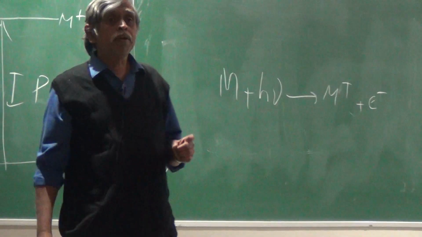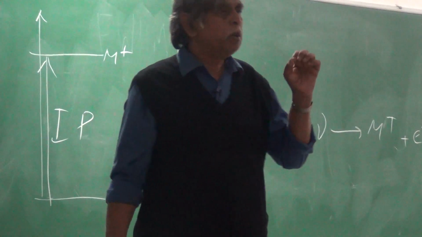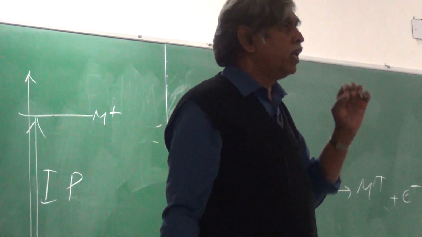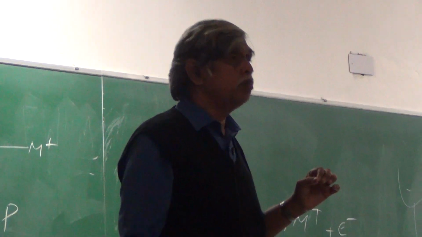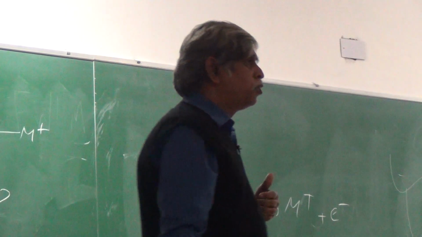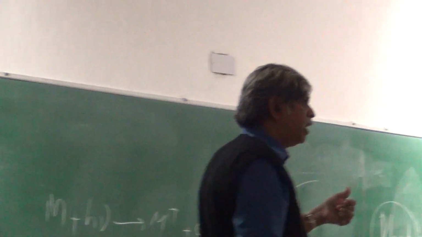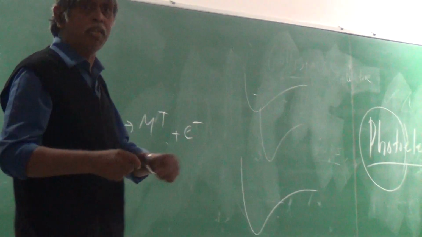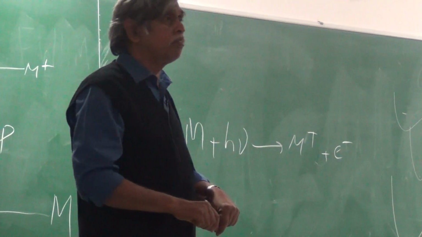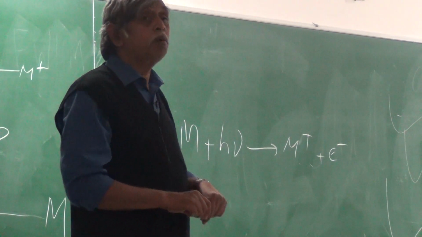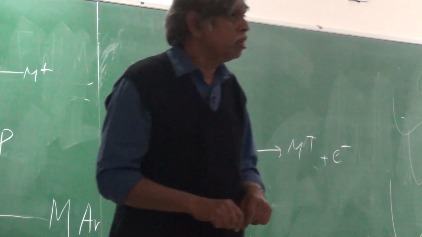So the outermost orbital in argon has to be p6. So when I shine light, who's the first one who's going to put up its hand to leave? The p electron, not the s electron. The s electron is sitting buried inside and sort of reluctant to leave. You have to give a lot more energy to kick this guy.